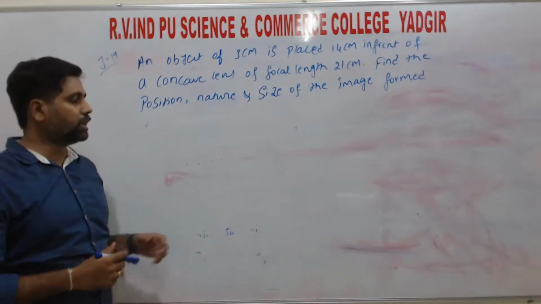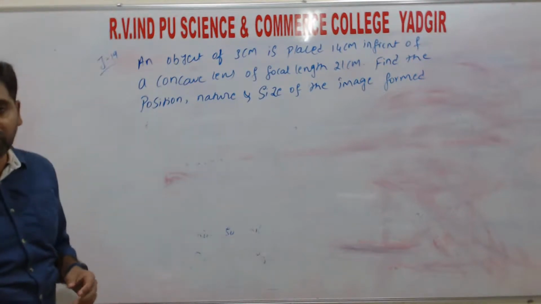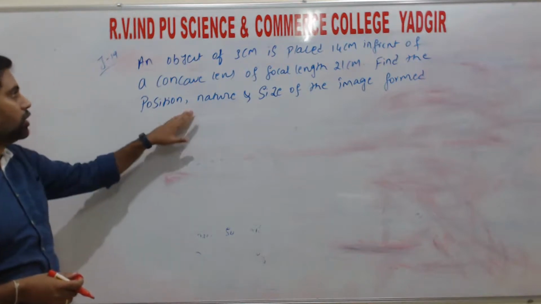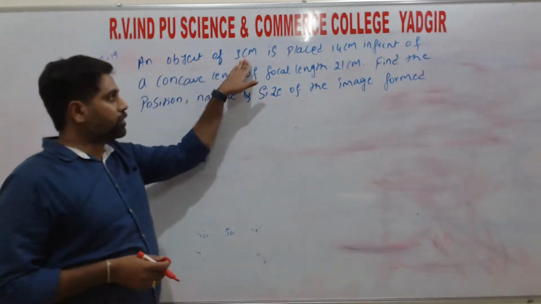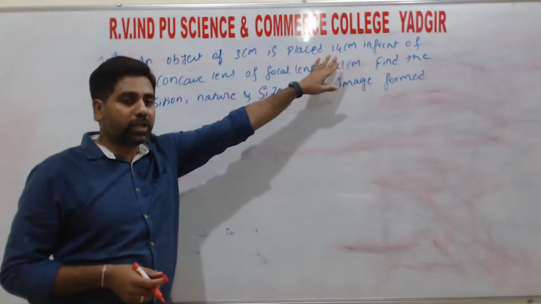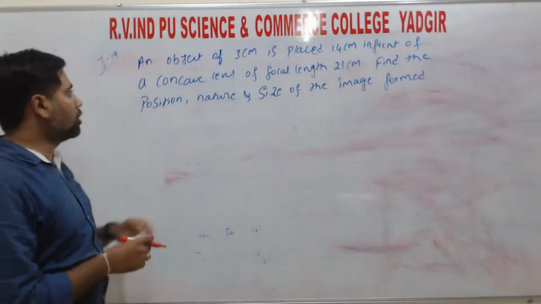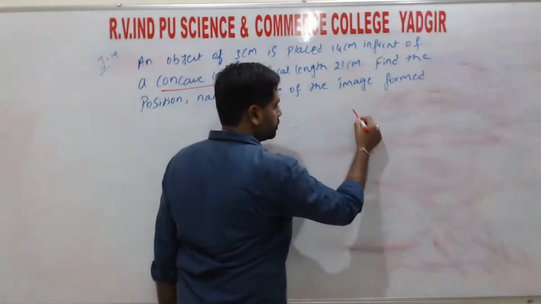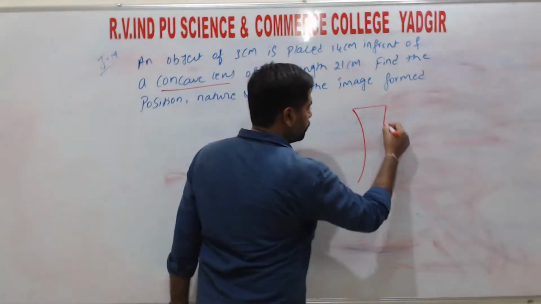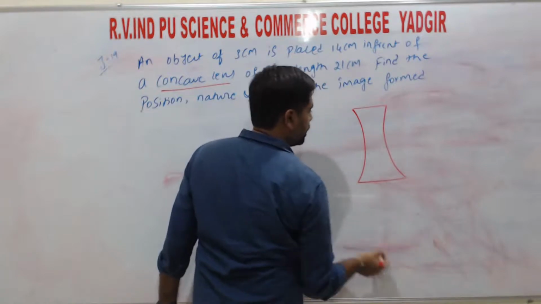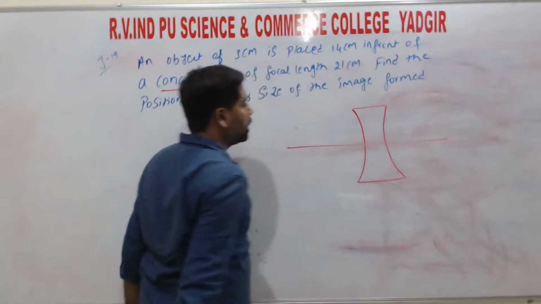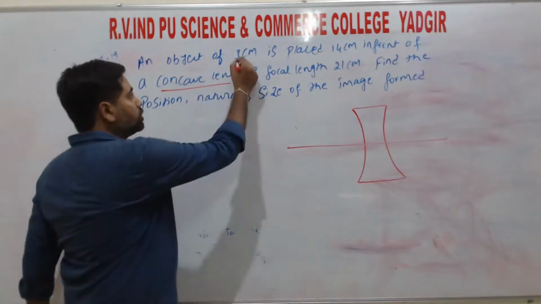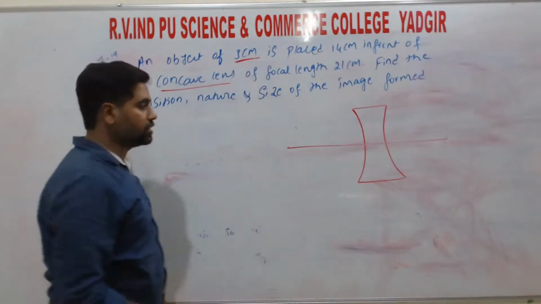So the other two related problems I solved in the regular class only, so we will go through those videos. Right? So here they have given an object of 3 centimeter which is placed 14 centimeter in front of the concave lens. Here we have a concave lens, and this is the principal axis. The height of the object is 3 centimeter.